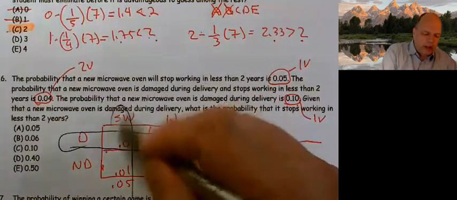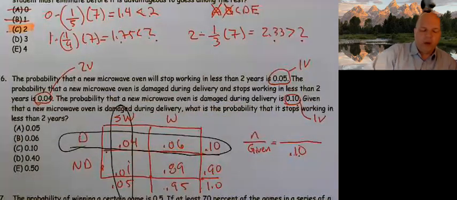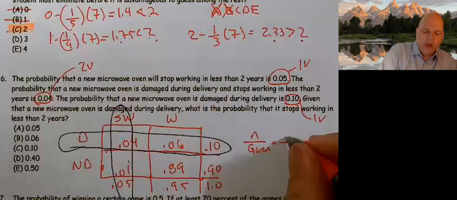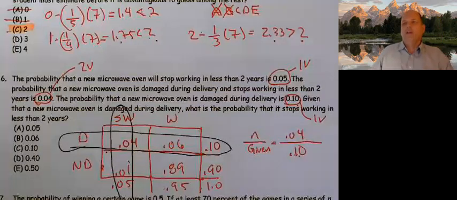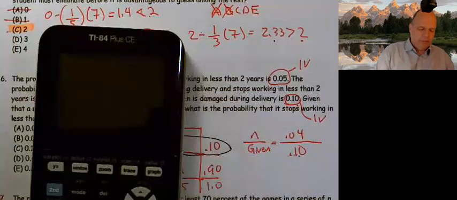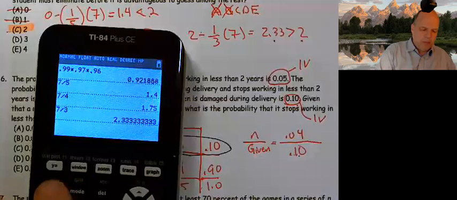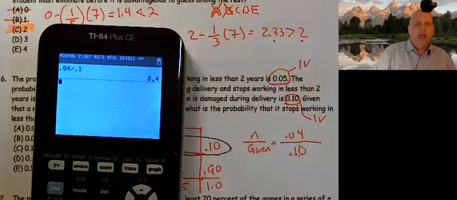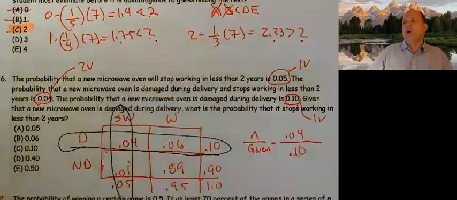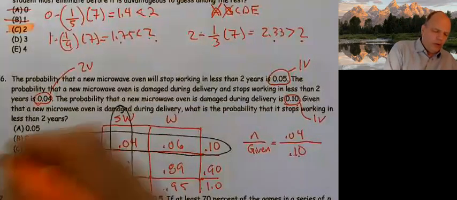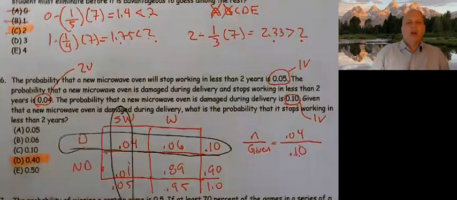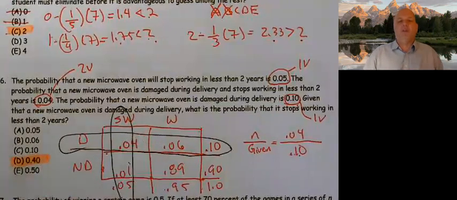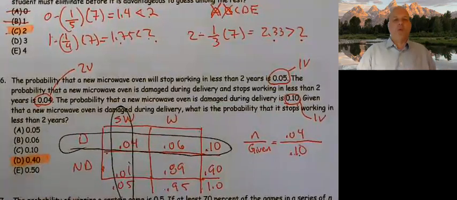Well, if I intersect it, my intersection is at 0.04 because that's what got circled twice. So 0.04 divided by 0.1, we end up getting 0.40 or 40%. So there's a 40% chance that, given that it was damaged, it's going to stop working.